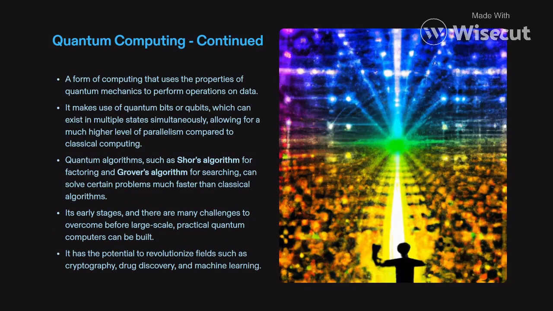Quantum computing uses the properties of quantum mechanics to perform operations on data. It uses quantum algorithms like Shor's algorithm and Grover's algorithm for factoring and searching, so it can come up with the solution faster. Currently it's at an early stage, and there are many challenges to overcome before large-scale, practical quantum computers can be built.